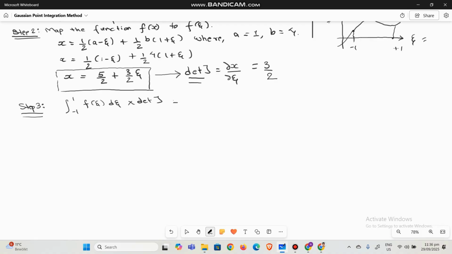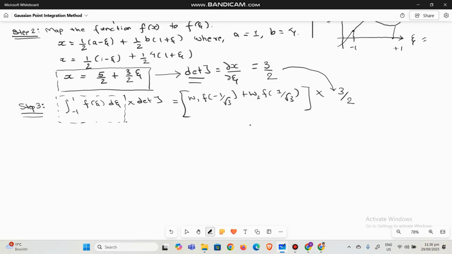And for the 2-point Gaussian system, what we did was weight 1 times the functional value at -1 over root 3 plus weight 2 times the functional value at +1 over root 3, which is basically this section. And we are going to multiply all these values by the determinant of the Jacobian, which is just 3 over 2.